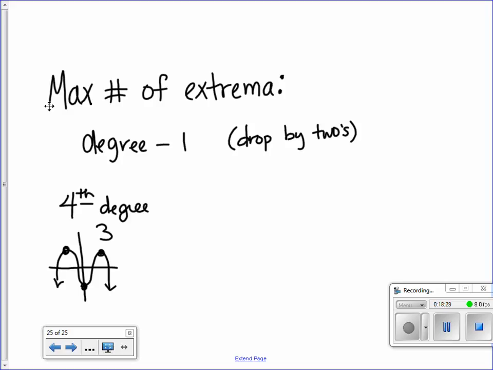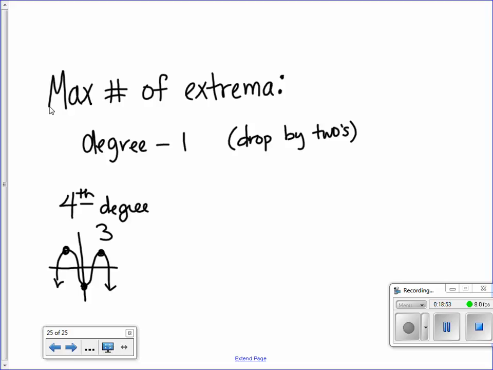So let's just say, for example, I really want this 4th degree polynomial to have 2 extrema. I want it to have a hill and a valley. 1, 2. Uh-oh. Can I have that end behavior on a 4th degree polynomial? No, I cannot. So that's why it's out.